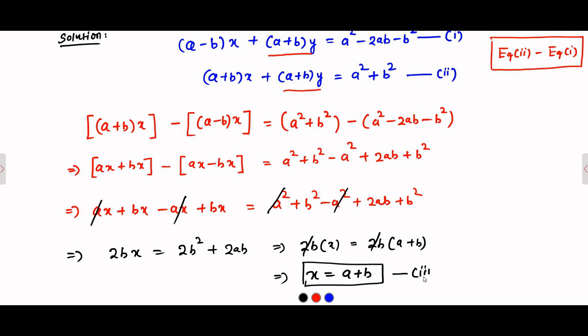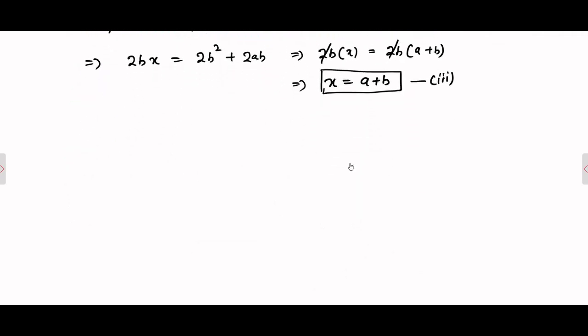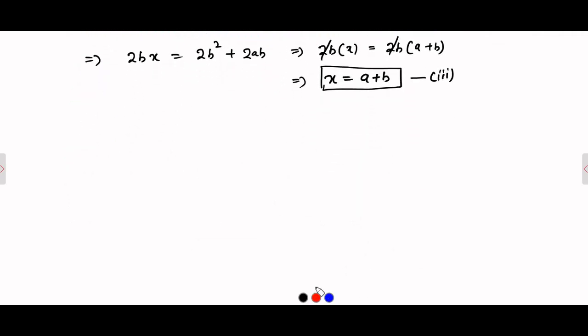Now substituting this value of x in equation 2, we will have, so equation 2 is (a + b)x + (a + b)y = a² + b².